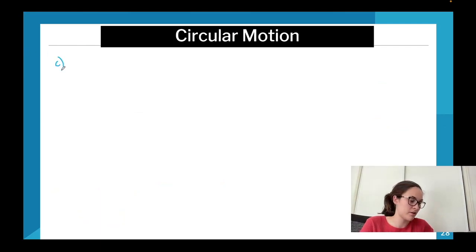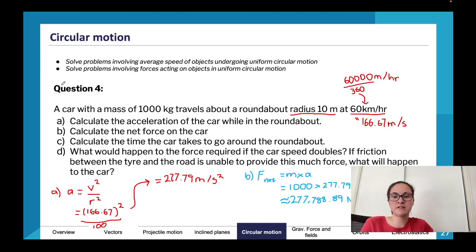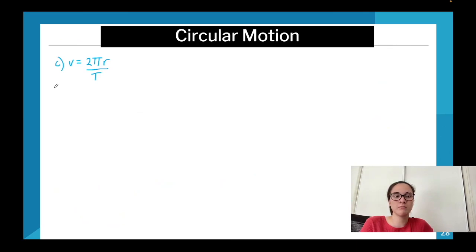Now we're going to calculate time, so we're going to use the formula V is equal to 2 pi R over T. And that's another reason why we converted our velocity to meters per second, because our period is measured in seconds. So that was 166.67, so that's what we're going to put over here.